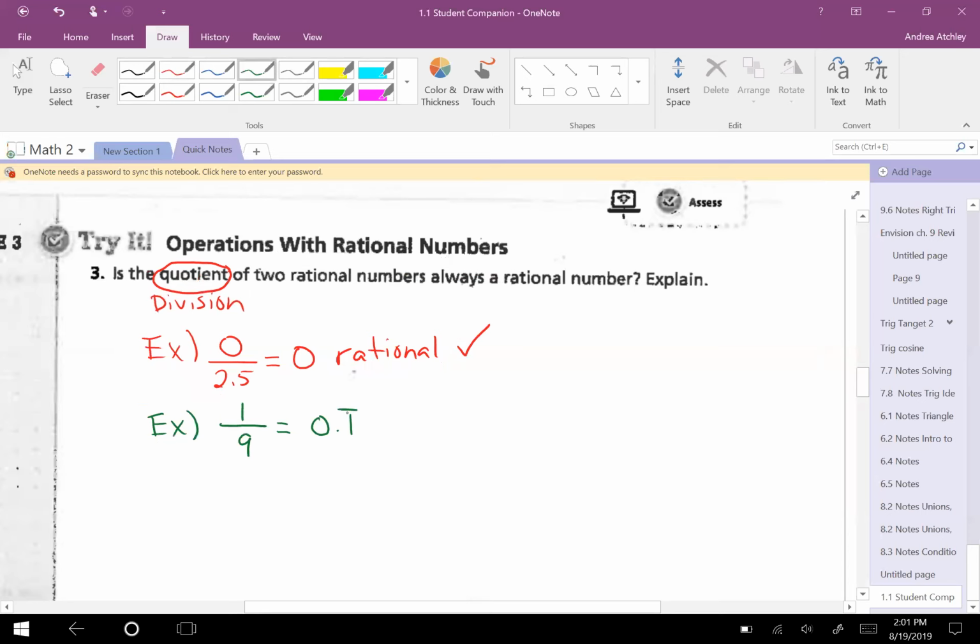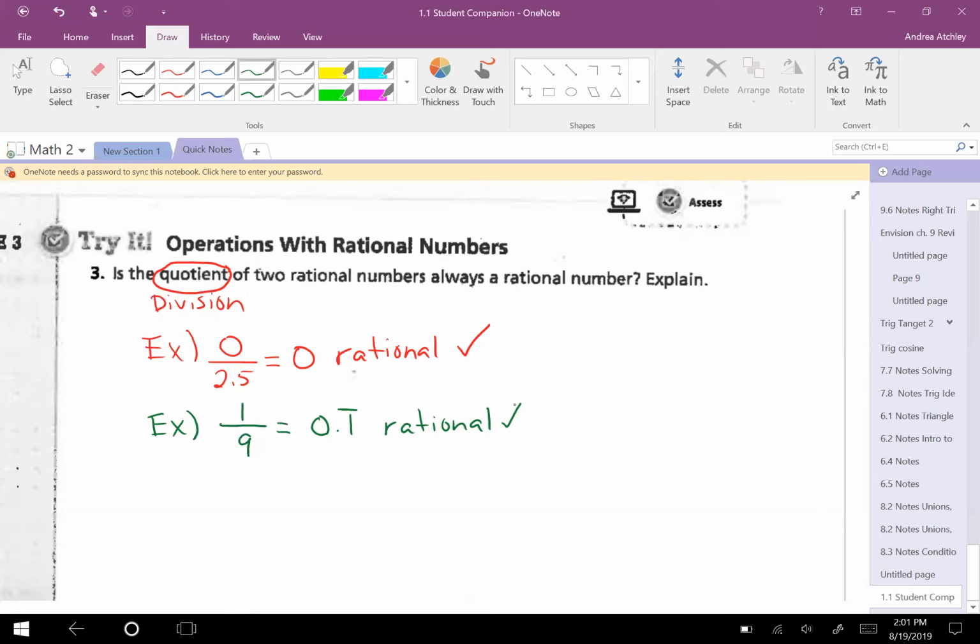Is 0.1 with a line above it rational? Yes. Decimals that repeat are rational. Okay, because I do something twice, is it always going to happen? No. Now I can't do every number in the world and check it, right?